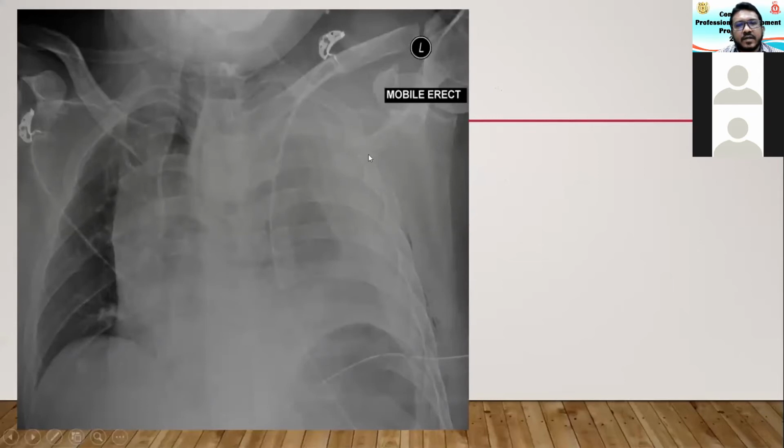Similar scenario, but it looks like the patient is critically ill and the mediastinum is shifted. There's whiteout of the lung on the left side, but the mediastinum has shifted towards the opposite side. And you can see there are a few lines. There's an ICD tube coming in, a bit of a pneumothorax, surgical emphysema, and there are multiple rib fractures.